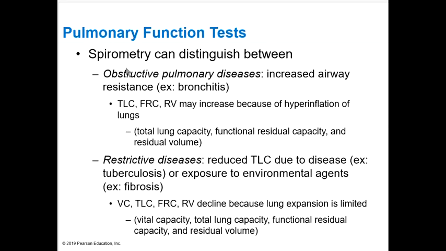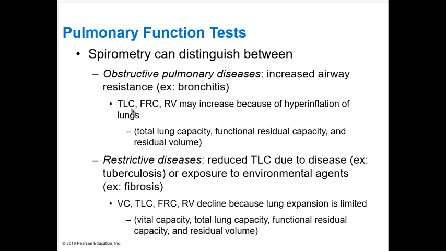So what spirometry can do is look at those numbers that we just went over and distinguish between an obstructive pulmonary disease and a restrictive disease. Because if there's an obstructive pulmonary disease, like bronchitis, for example, certain volumes will actually increase.